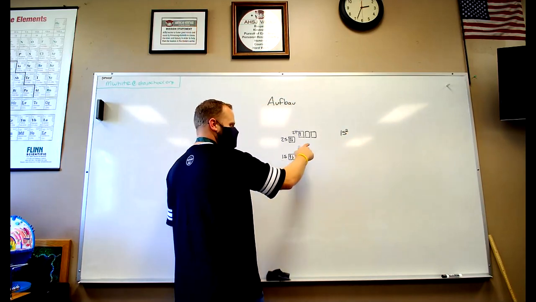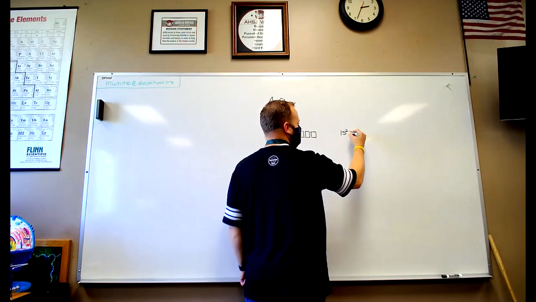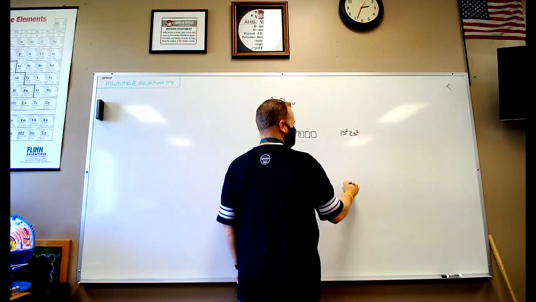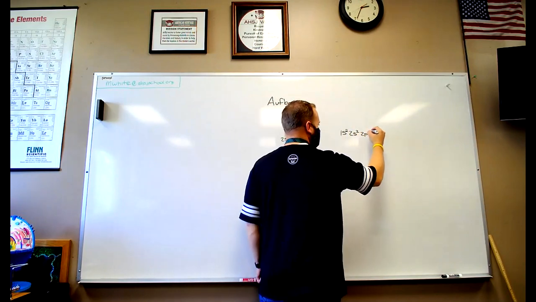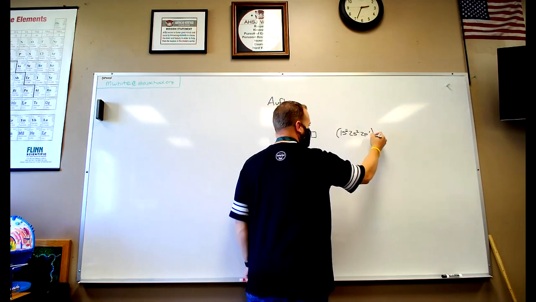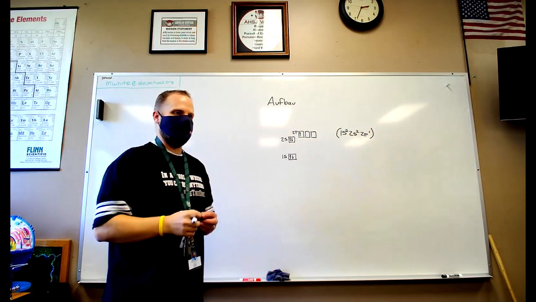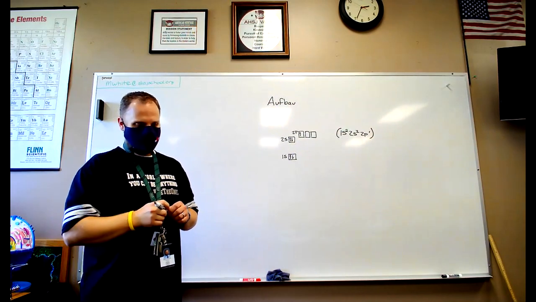So we have 1s2, and then we go to the next energy level, 2s2, and then 2p1. This is truly what we would consider the electron configuration for boron.